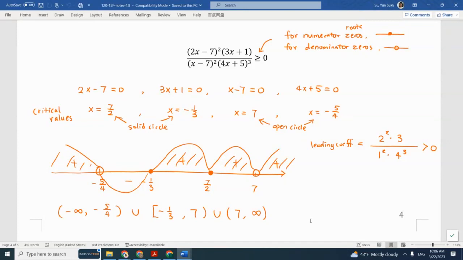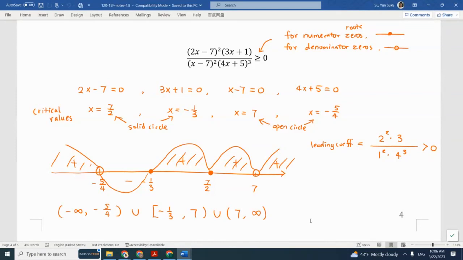And then when we draw it, find the leading coefficient. If you have the factored form, you look at the leading coefficient of each factor, raise it to the appropriate power, and multiply them together. And we just want to know whether it's positive or negative.